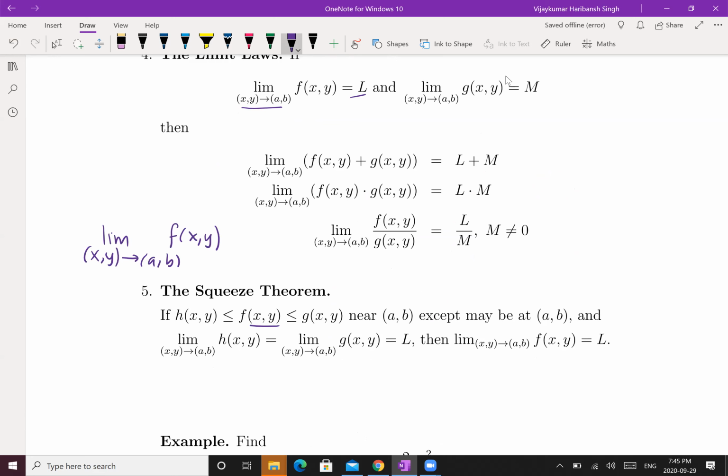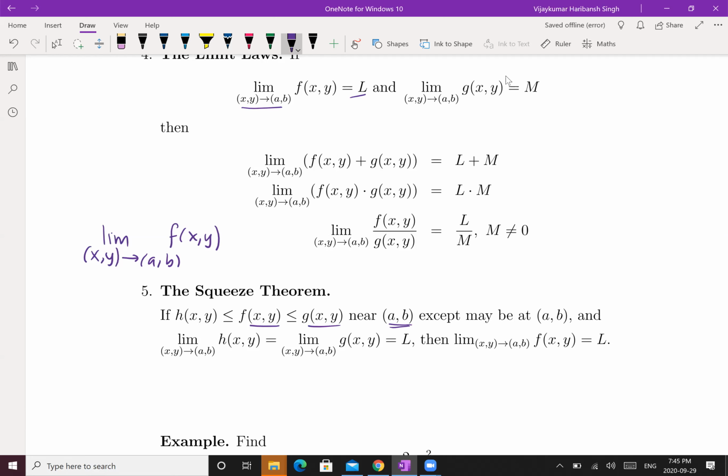Suppose that your f of xy is bounded by h and g, so it's greater than or equal to h of xy and less than or equal to g of xy near ab. Near ab means at all points in some neighborhood of ab, except maybe at ab, where it may not be defined.